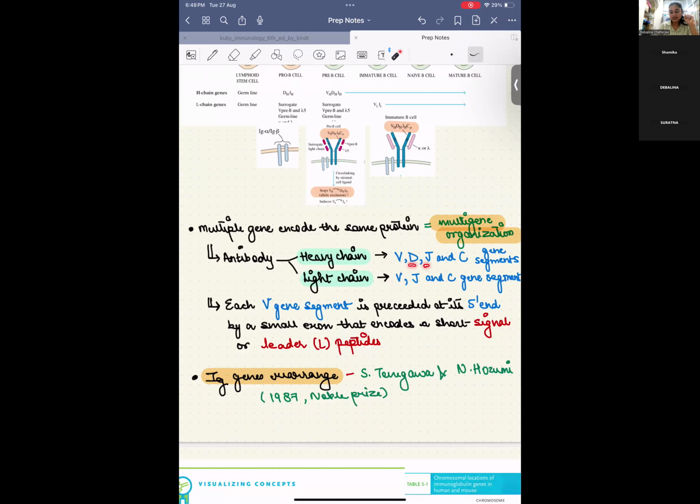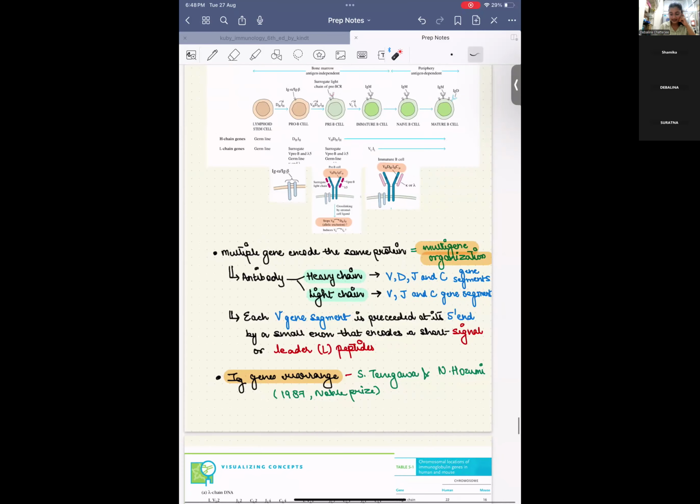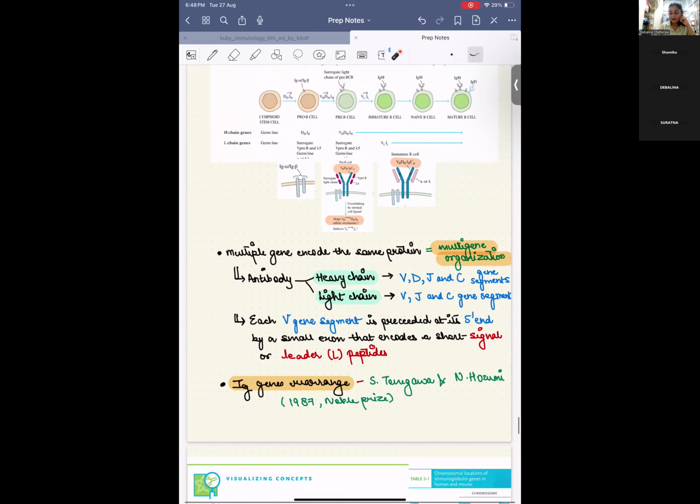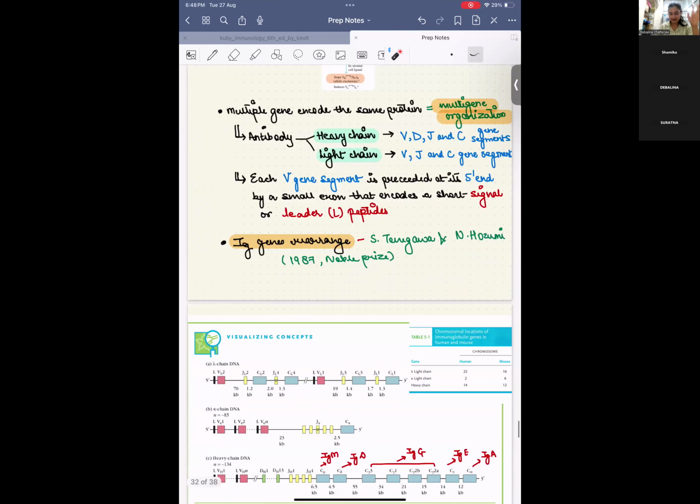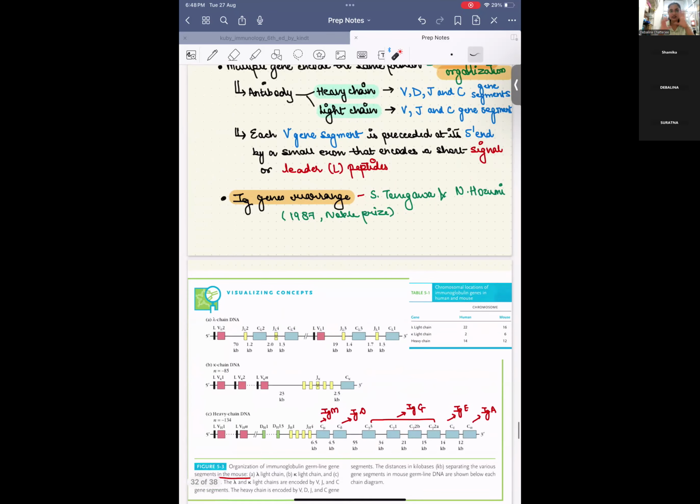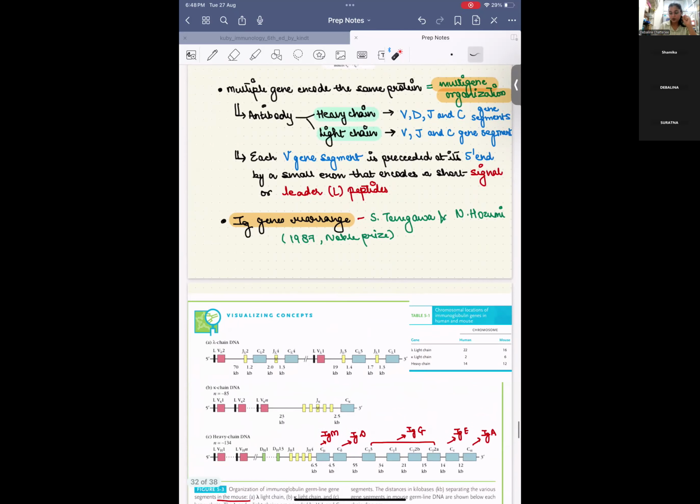And D and J segments are in addition somewhere in between the V and C segments. Each V gene segment is preceded at the 5' end by a small stretch of nucleotides, which is named the signal sequence or the leader sequence. We'll try to visualize everything in the following diagram.